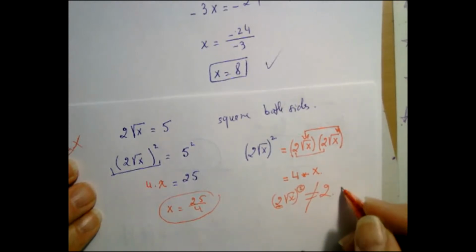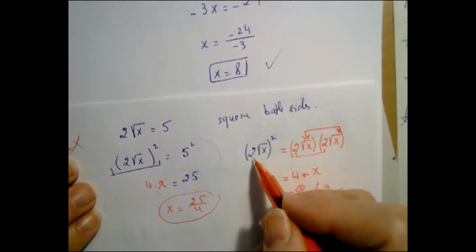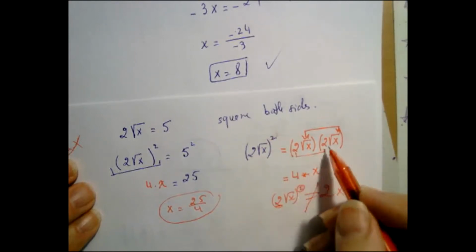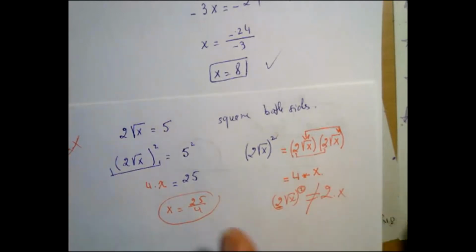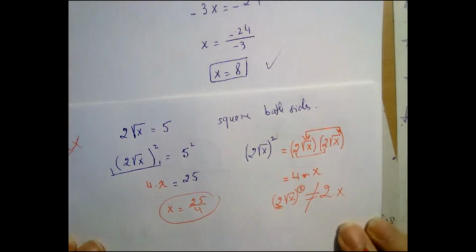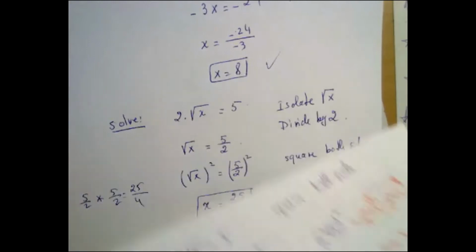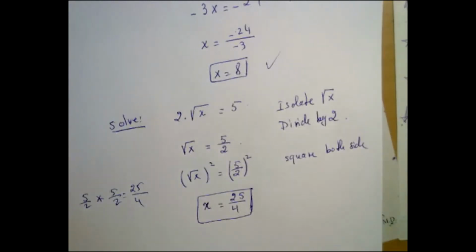You can't pull it out and tell me it's 2x, because the 2 here is raised to the power 2. So you have two 2's, not only one of them. So always go to the side and do the math so that at some point it becomes natural to you what you should do.